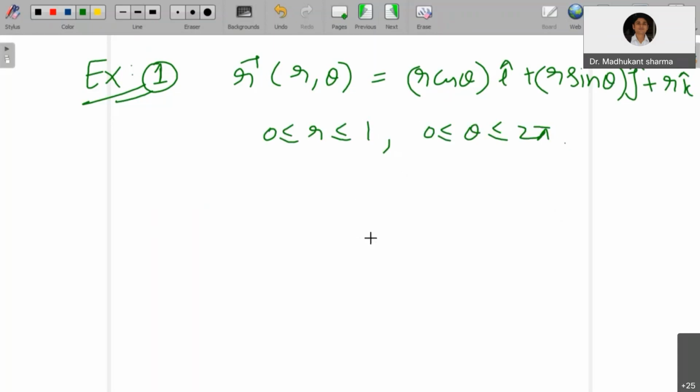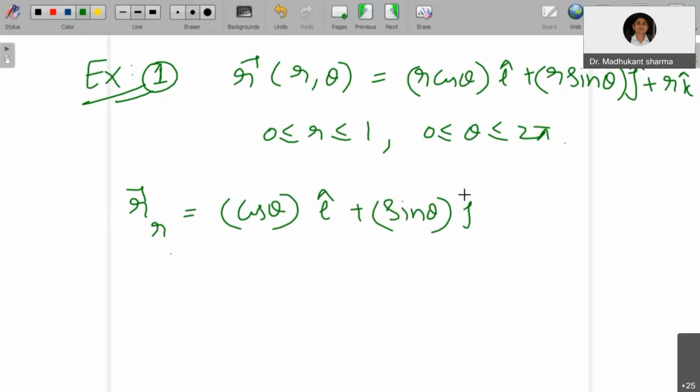Now first we can identify whether the surface is smooth or not. For looking at the smoothness, you have to find r_r, the partial derivative of this vector with respect to r, component-wise. So this is cos theta i plus sine theta j plus k cap.